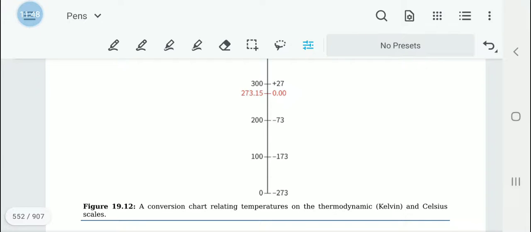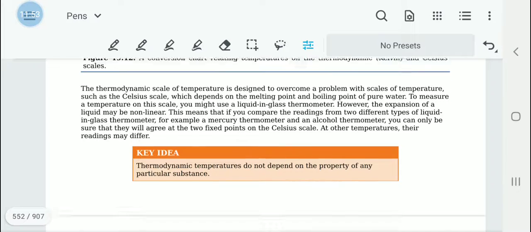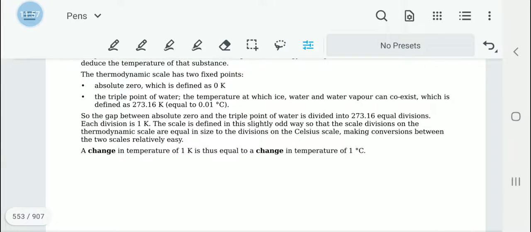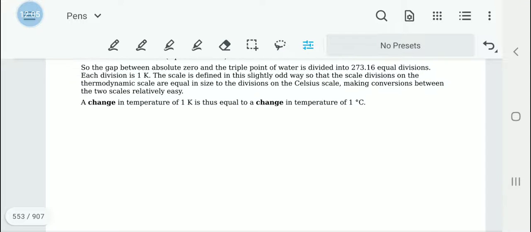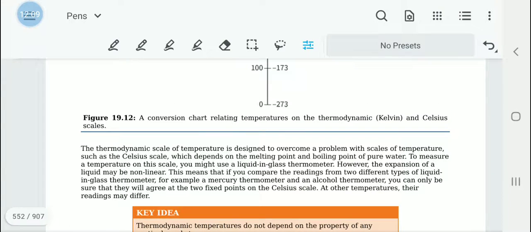So that is not a problem, I assume. So as a practice, remember the conversion. Remember these starting points, then it would be easier for you to make the connections. 0 Kelvin is negative 273.15 Celsius.